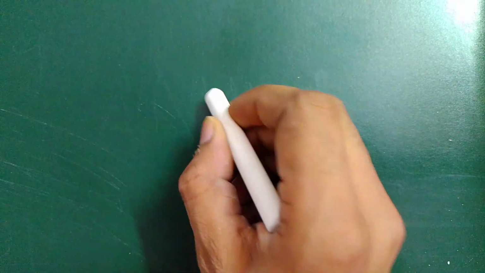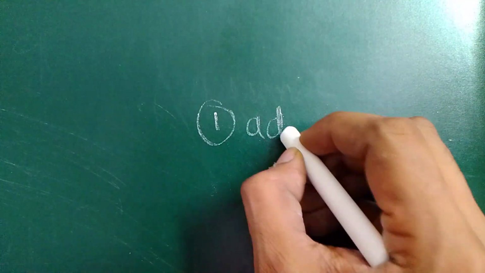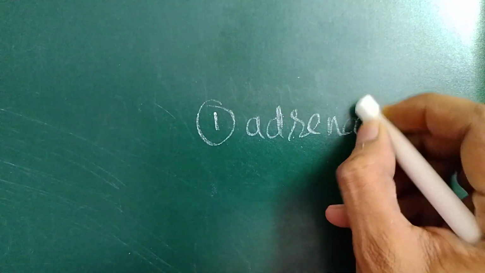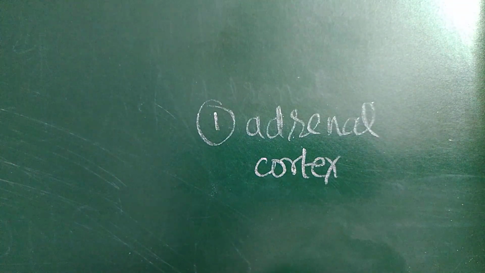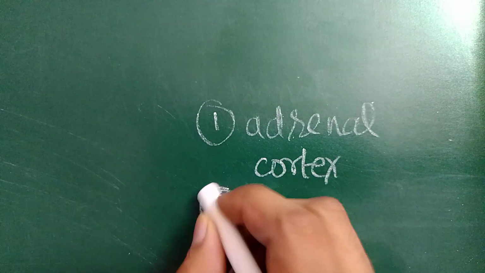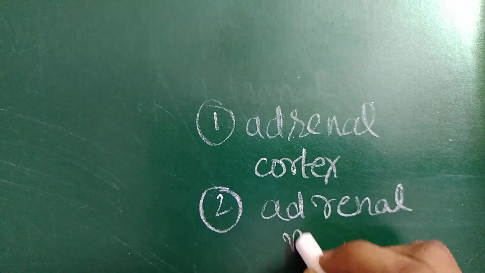First one is adrenal cortex, and second one is adrenal medulla.